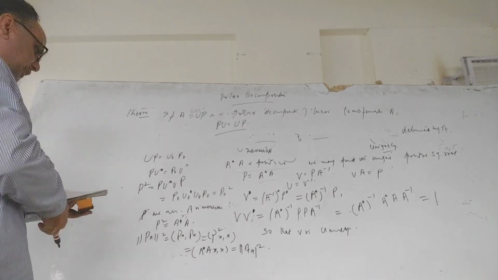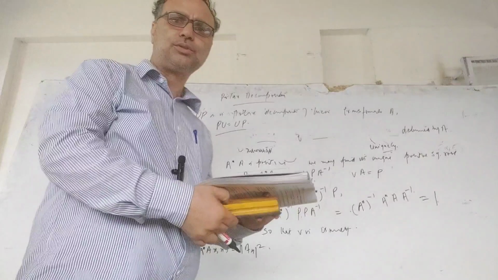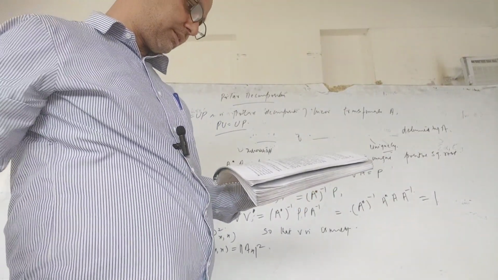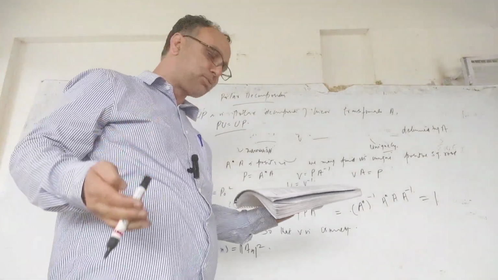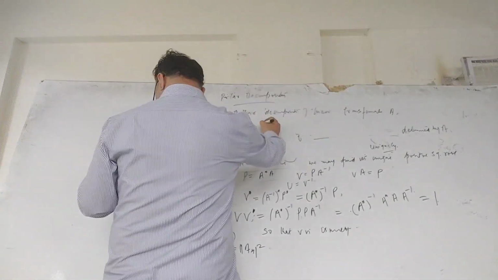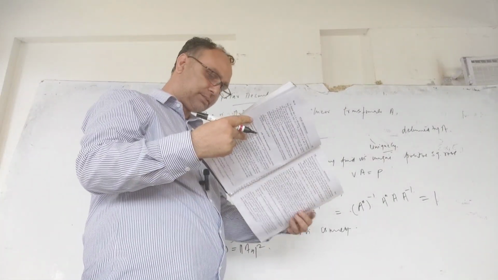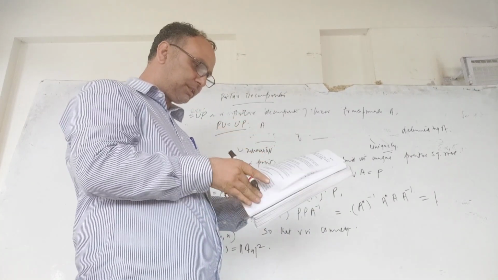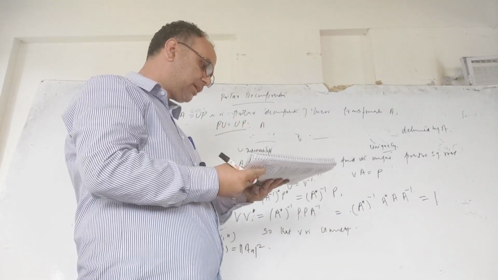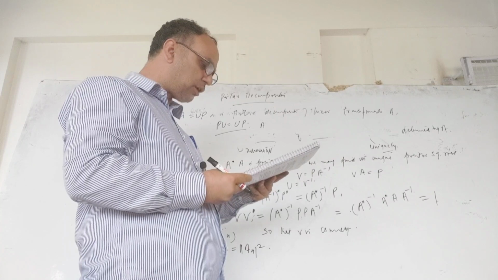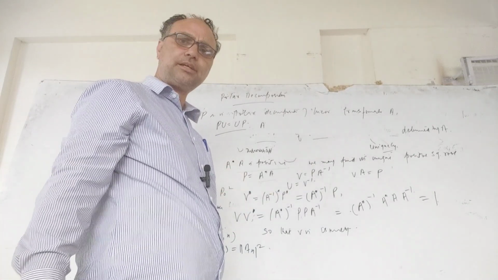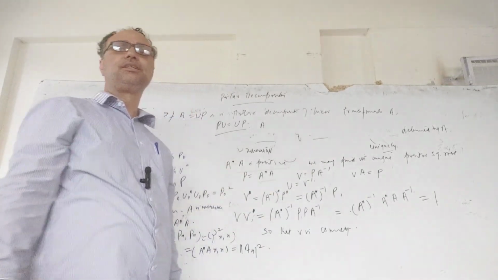So you have to prove it. The proof is simple, a two-line proof, so you can just do it. Now there are one or two properties. One of the properties is commutativity.